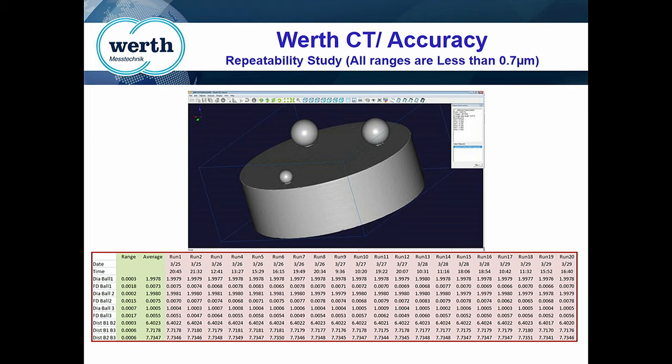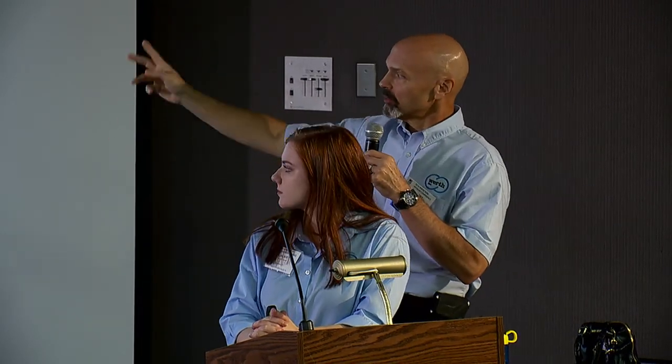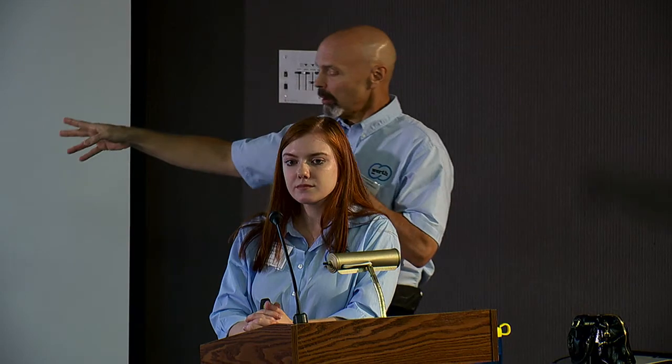And the largest range was 700 nanometers for each measurement. The total value after a week-long study, all ranges, repeatability after 20 was less than 700 nanometers. And that includes form tolerance, the distances, and the balls.